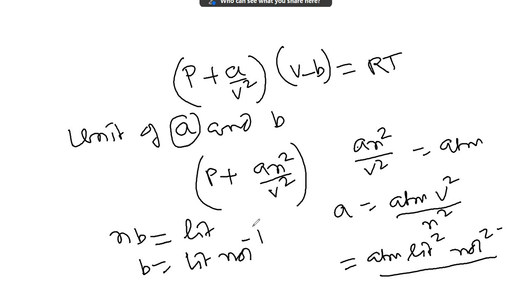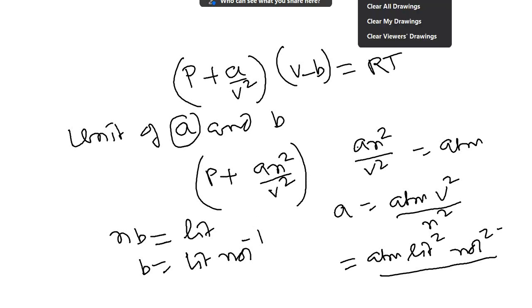Now I can discuss why the deviation arises when Z is plotted against P. Let us discuss this using the Van der Waals equation. This is the Van der Waals equation I have taken for 1 mole of real gas.